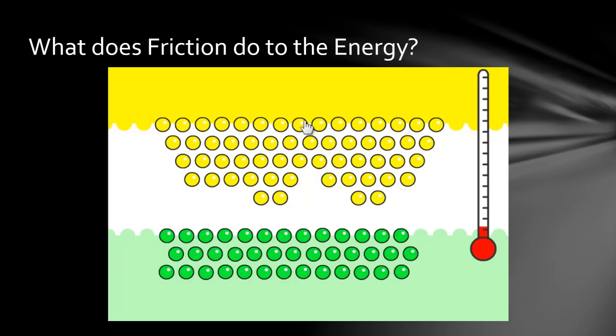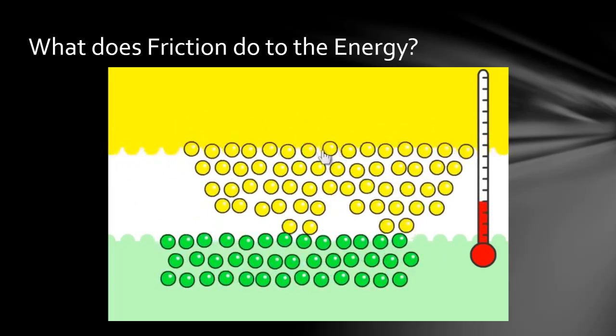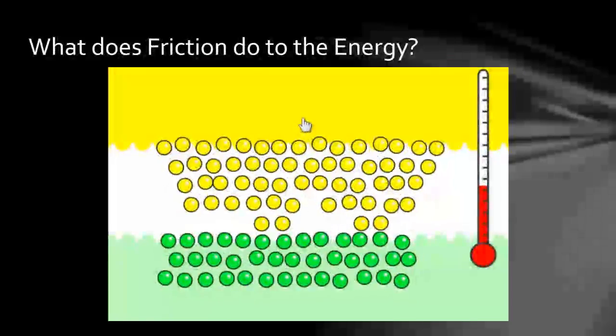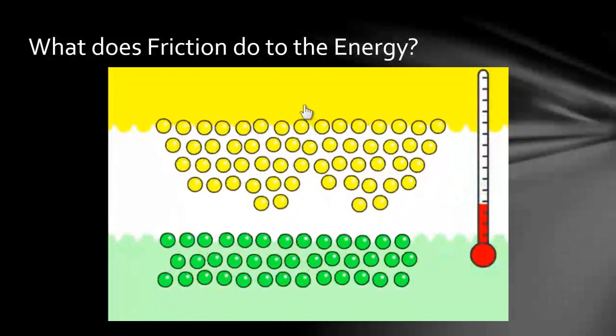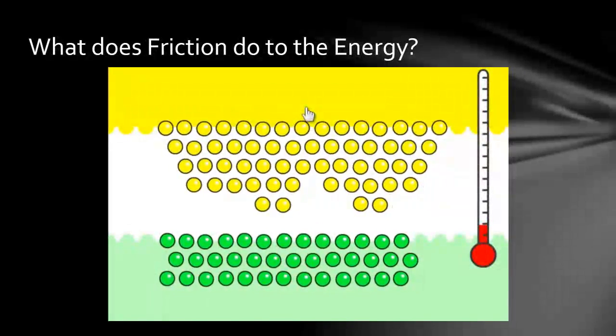Here we have two surfaces sliding past each other. Notice the microscopic imperfections in the surfaces. If I were to rub the yellow surface onto the green surface, you will see friction causing the atoms to push on each other and vibrate more rapidly. This is an increase in the temperature of the atoms.